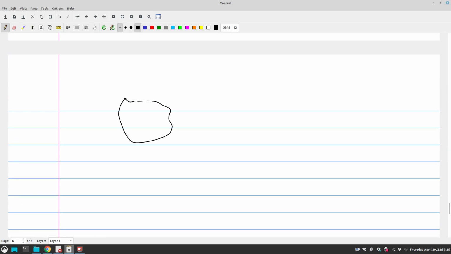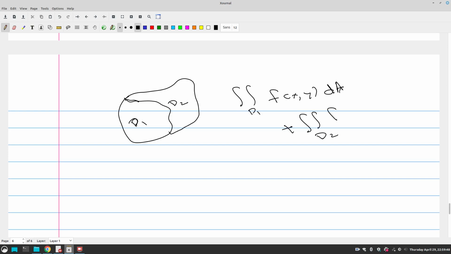two sets, D1 and D2, then the integration over D1 dA plus the integration over D2 dA equals the integration over D dA, where D equals the union of D1 and D2.